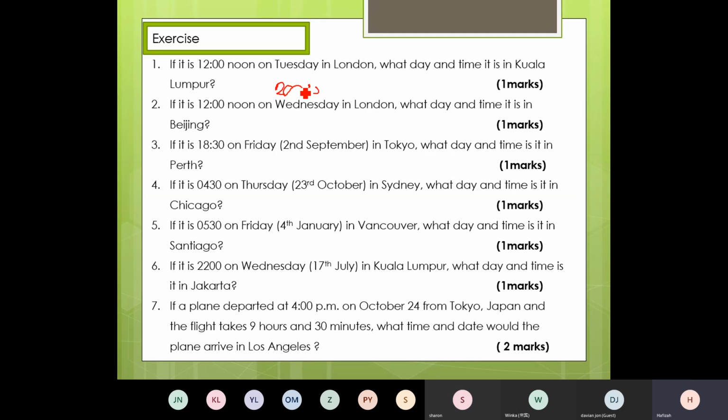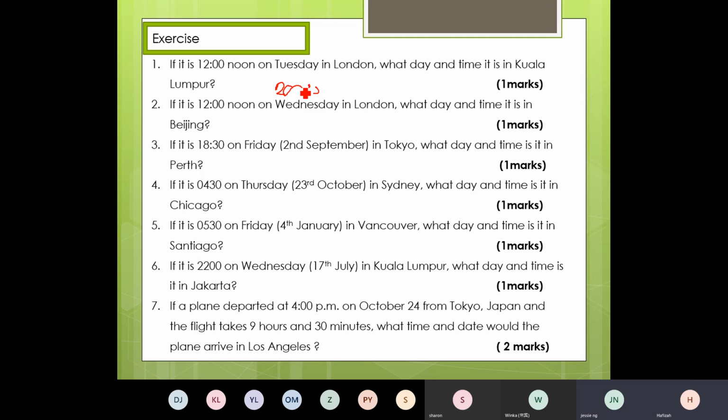So Beijing, what is the GMT of Beijing? Miss, forenoon. Forenoon, right, that's the answer. What is Beijing's GMT? Plus 8. Beijing plus 8.